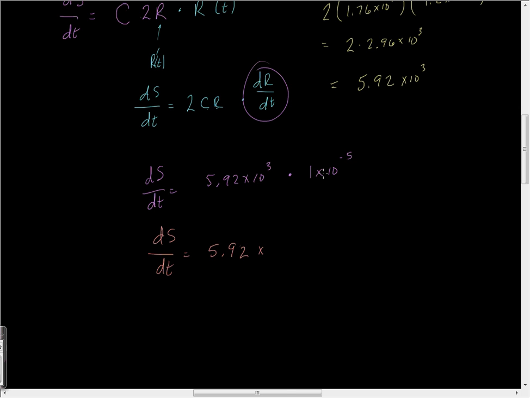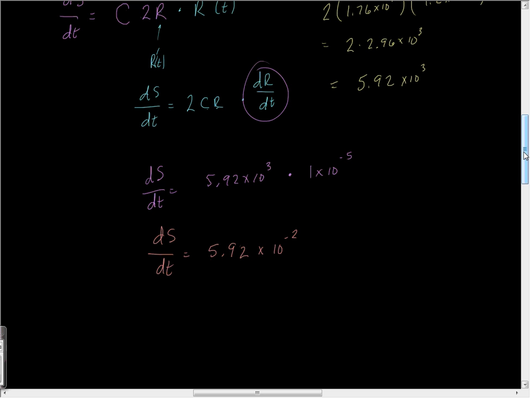You're multiplying two things with the same base, so you add their exponents. 3 plus negative 5 is negative 2. And so the speed at which the blood is traveling is 5.92 times 10 to the negative 2 centimeters per second. It's not moving very fast, but fast enough to get our blood pumping, so we're happy.